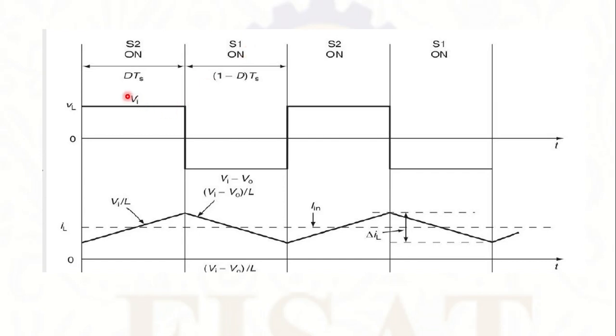When S2 is on, there is a high voltage across the inductor, therefore the inductor current is increasing.